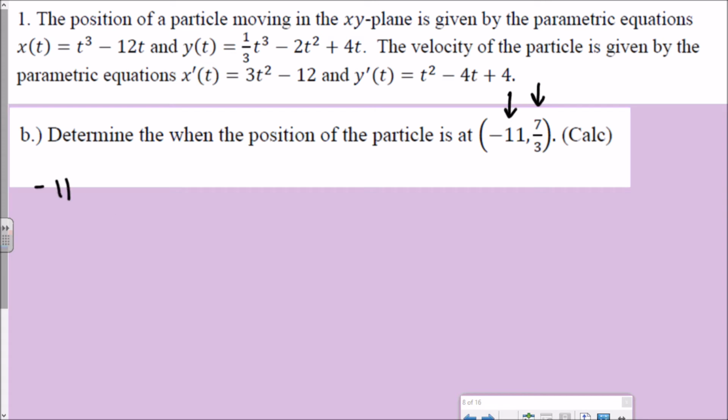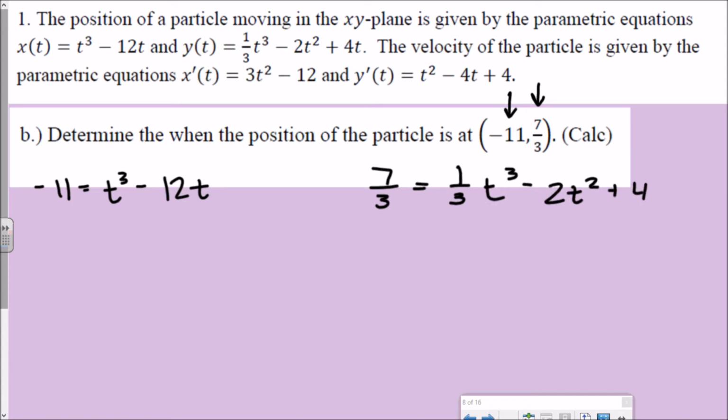So negative 11 is equal to t cubed minus 12t. All right, and we're also going to do it for the y. So I'm going to say 7/3 is equal to my y position, again because I want to know when my y position is 7/3. And then you're going to find both of those in your calculator.